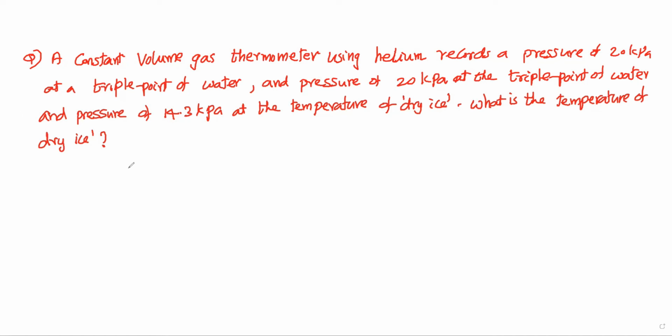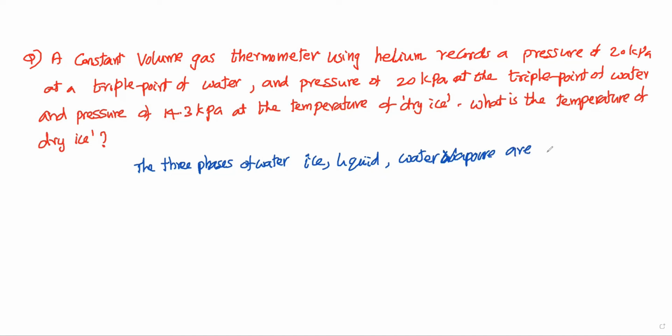Triple point of water is the point at which the three phases of water, namely ice, liquid water, and water vapor, are equally stable and coexist in equilibrium.